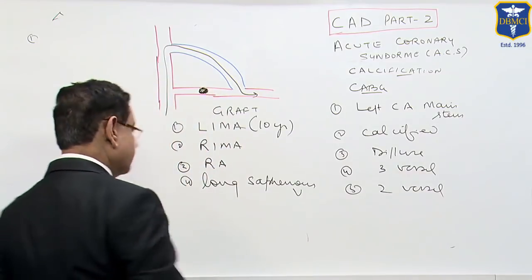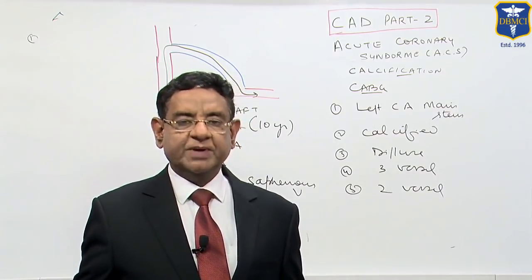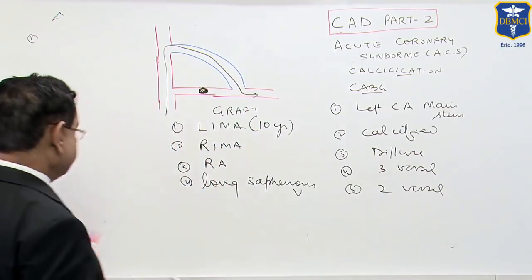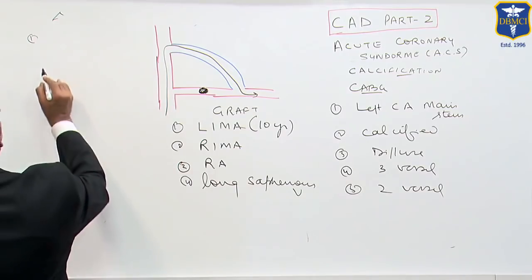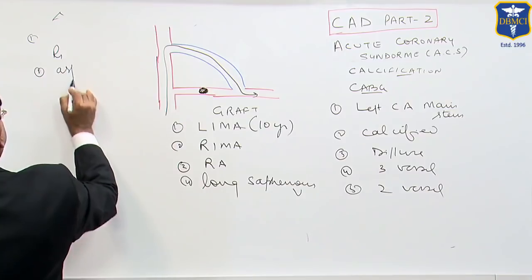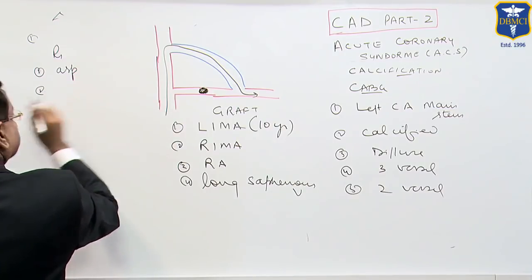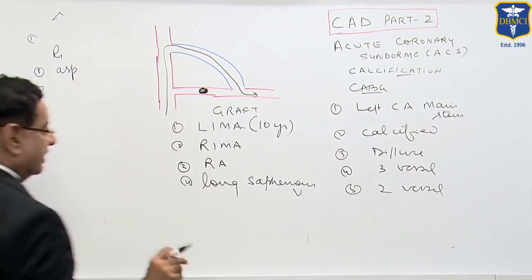So now the patient is stabilized, we are discharging the patient, and when we discharge, the patient should take aspirin, a second antiplatelet drug. Now before that, one thing I forgot.